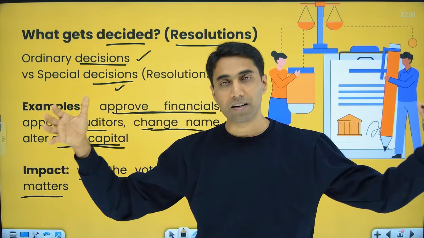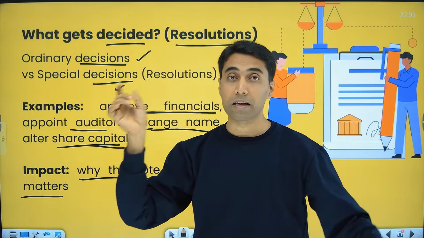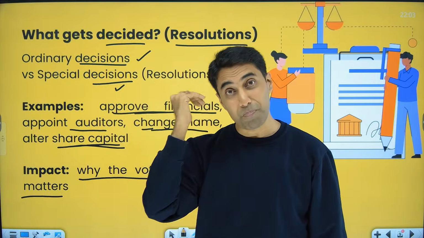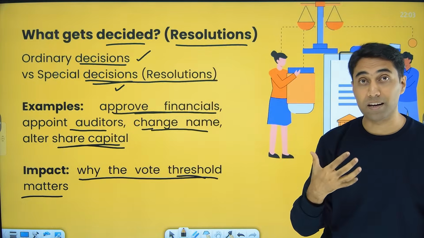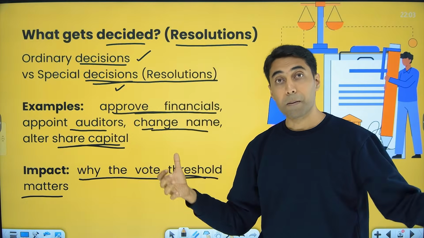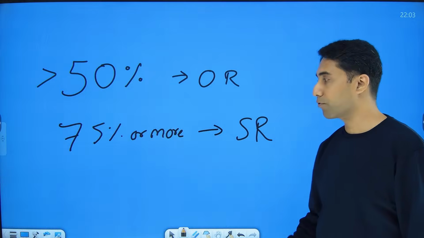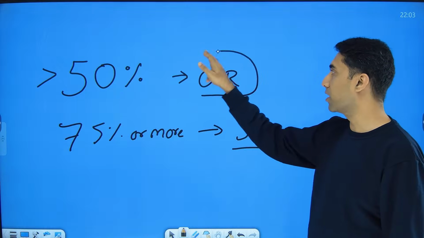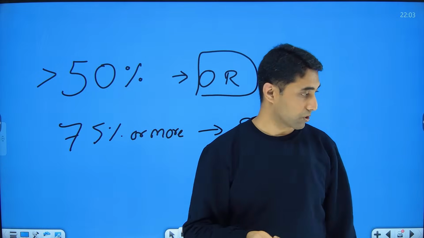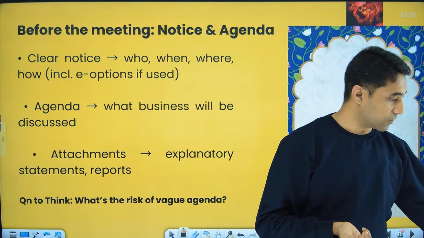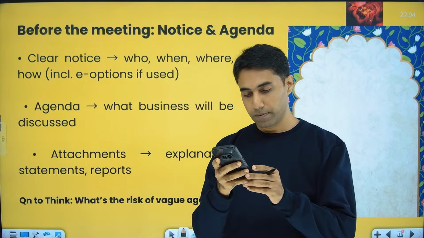So everyone comes together, you take everyone's opinion, then you plan it and then you take a decision. So for important things, we have special resolutions where a majority of the shareholders have to agree. 75% or more have to agree, it's a special resolution. More than 50% have to agree, we call it an ordinary resolution. Clear? Hope that is pretty clear.